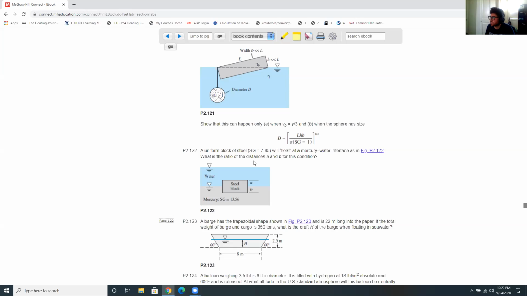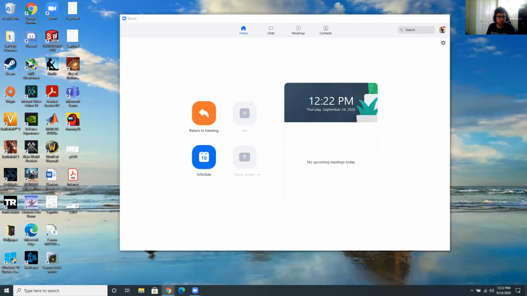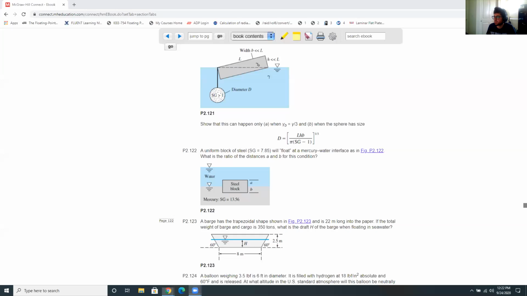We're asked to find the ratio between A and B for the block, so basically the height. This was from the homework. Are you guys good with this one? Did you try to solve it? No, I didn't try to.